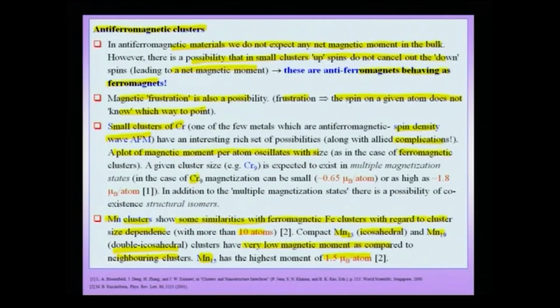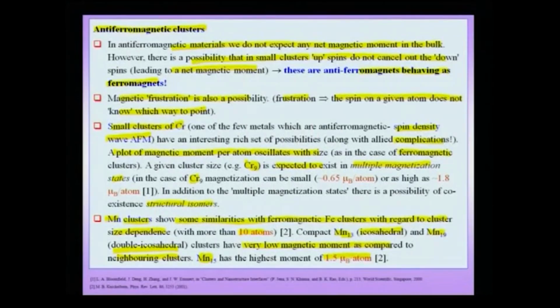A cluster size of Cr9 is expected to exist in multiple magnetization states, and these multiple magnetization states make the analysis very difficult for us to understand what is really giving rise to this effect. In addition to this, there are many structural isomers possible.